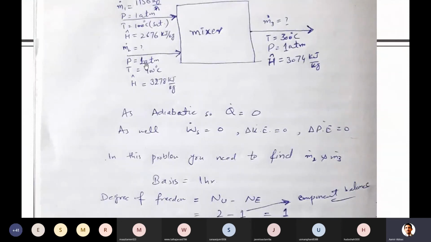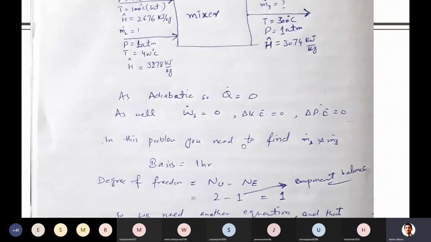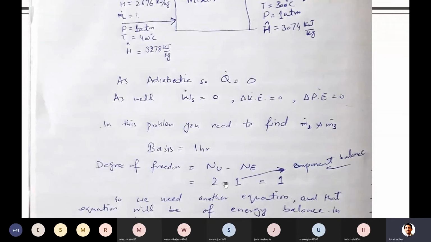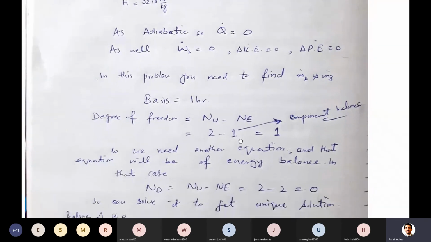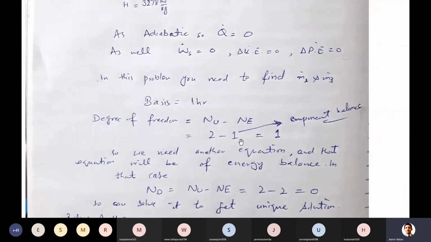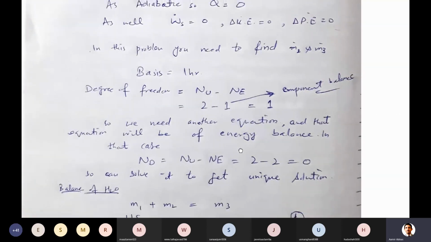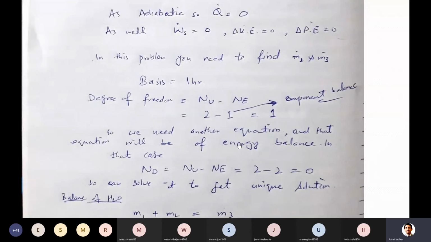Either I write an overall balance equation or a component equation, that's the same thing, only one equation. So with 2 unknowns, to get the result there should be another equation, and the other equation I can write for the energy balance. Then 2 minus 2 is 0, and now you can get a unique solution.